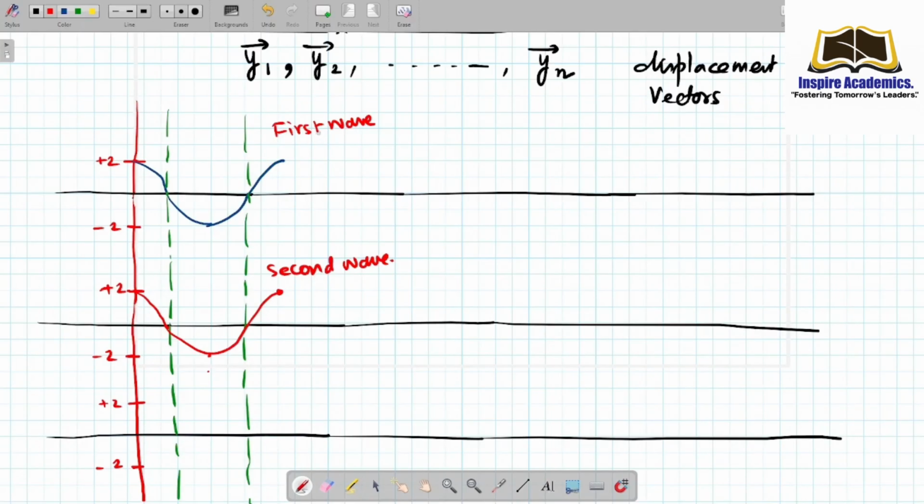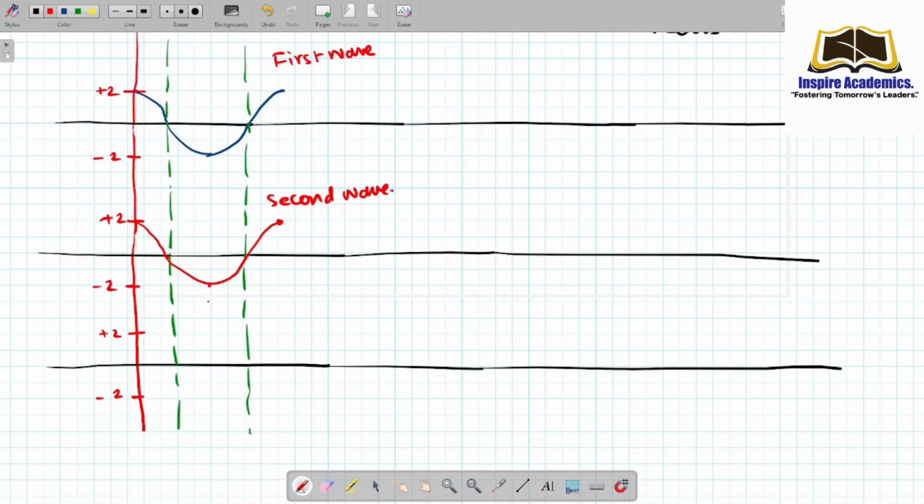So I have explained you first wave as well as second wave. Now, if I have to join the two and if I superpose the two, can you tell me what will be my new wave? Here, this point is +2, this point is also +2, and they are in the same phase, yes or no?